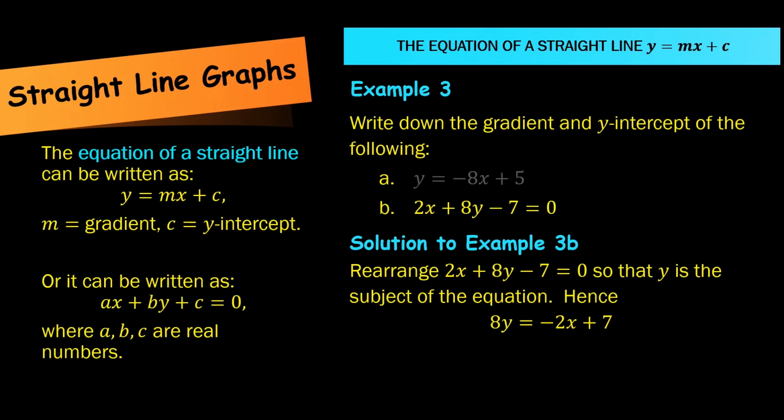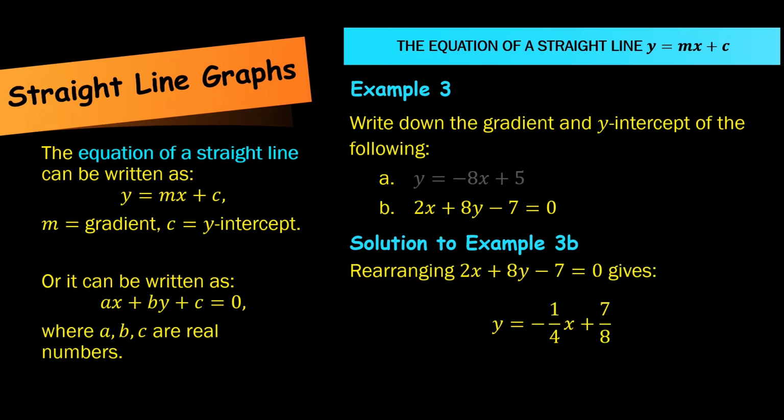Hence, 8y equals minus 2x plus 7. And dividing by 8 gives y equals minus 1 over 4x plus 7 over 8. So the equation is now in the form y equals mx plus c. And we can now see that m equals minus 1 over 4 and the y-intercept c equals 7/8.